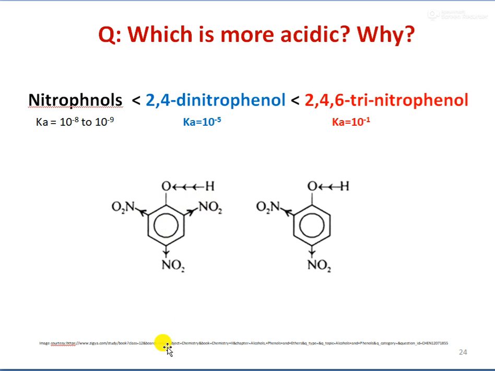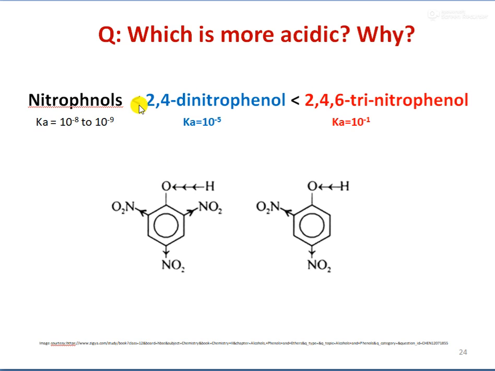If the number of electron withdrawing substituents in the ring is increasing, this will increase the acidity of the phenol because more electrons are withdrawn from the OH bond in this direction towards the ring. So these three NO2 groups are withdrawing the electron density from this OH bond.